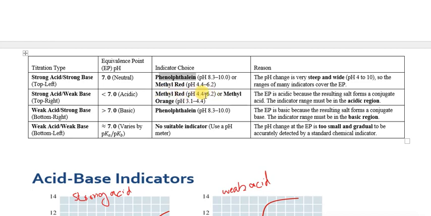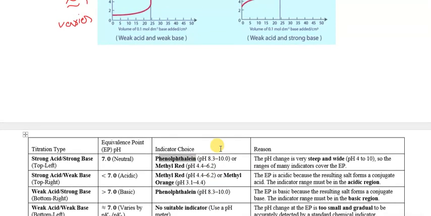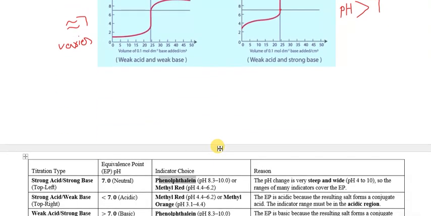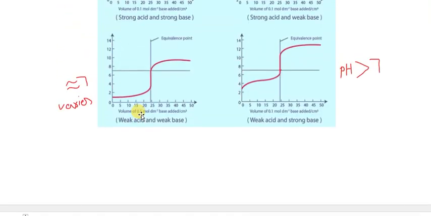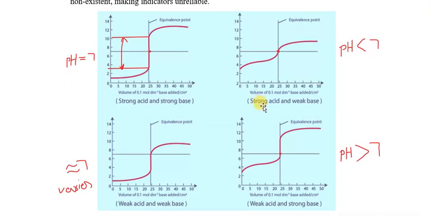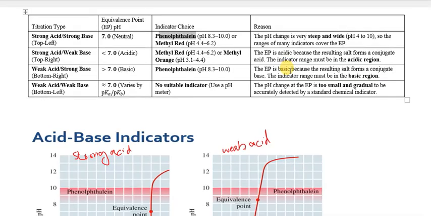Methyl red is 4.4 to 6.2, and methyl orange is 3.1 to 4.4. That pH range also falls in their steep region with respect to strong acid and weak base. But their steep region is very short, so the selection of indicator must be careful in this case.